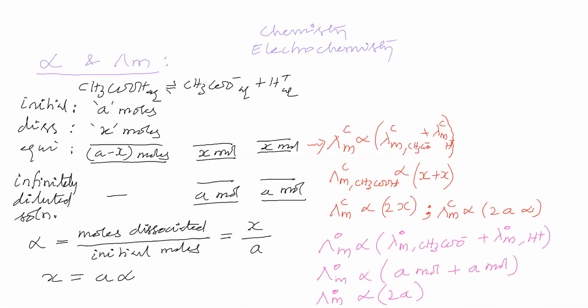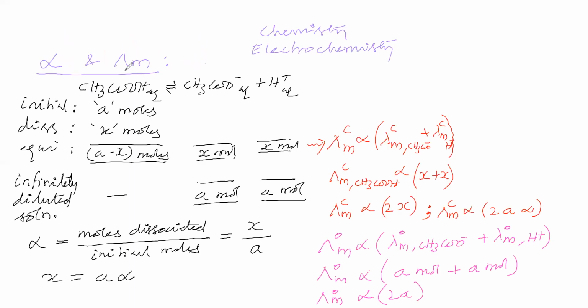Now we will substitute. We came to the conclusion that lambda m at a given concentration is directly proportional to 2A alpha, where alpha is called the degree of dissociation.